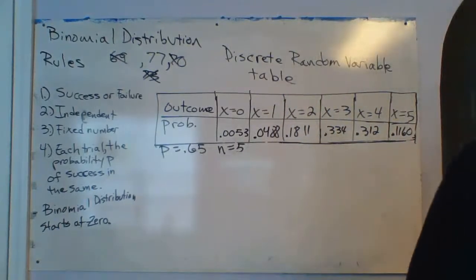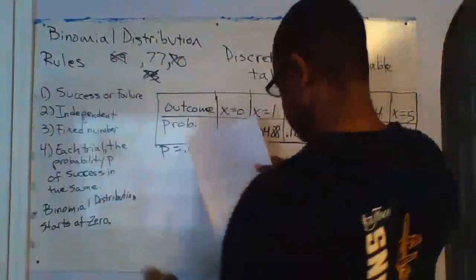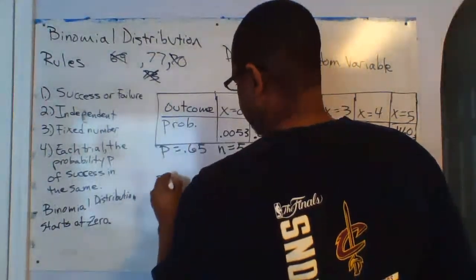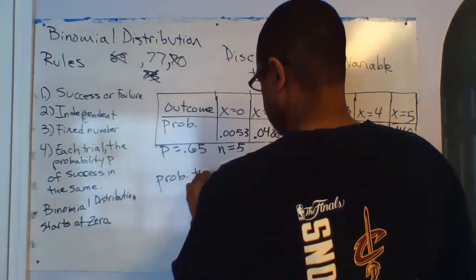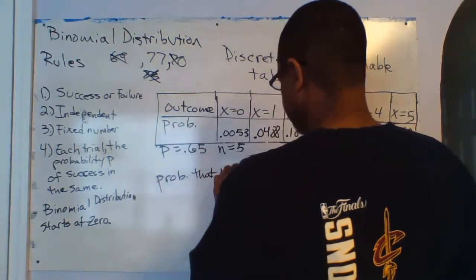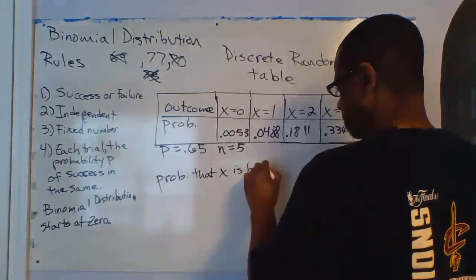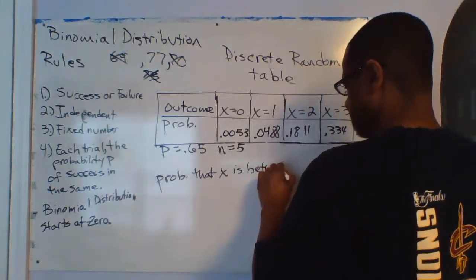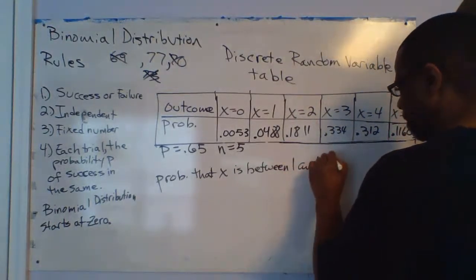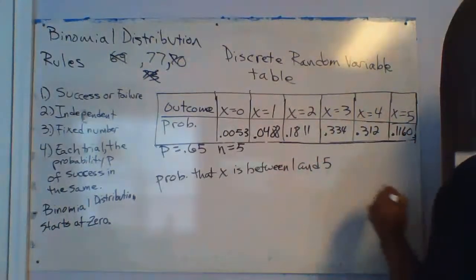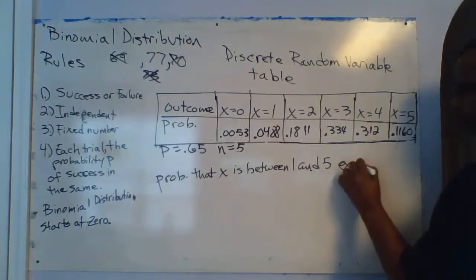So now I want you to find the probability that x is between 1 and 5 exclusively.